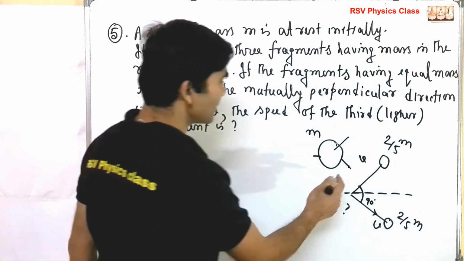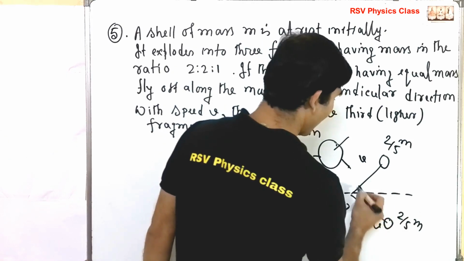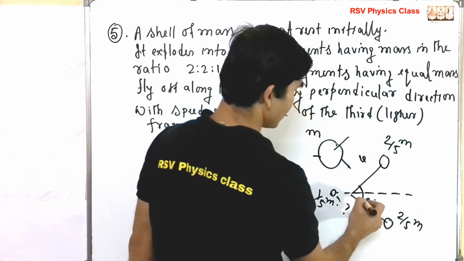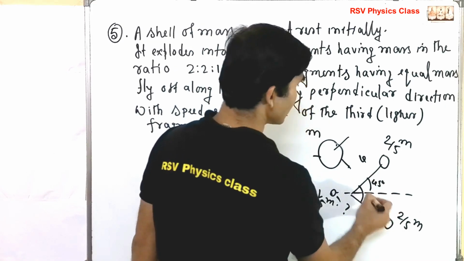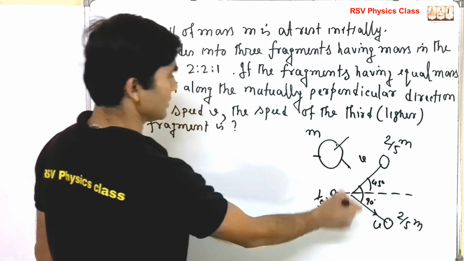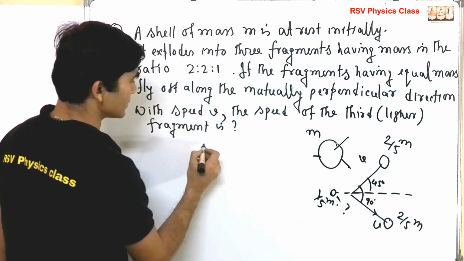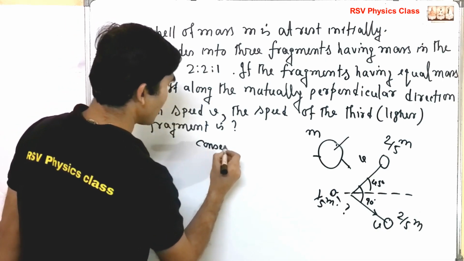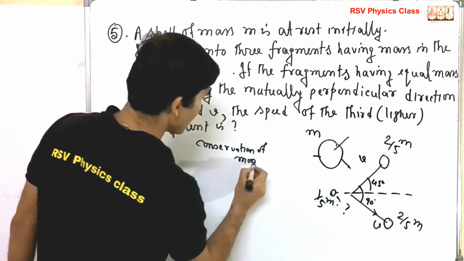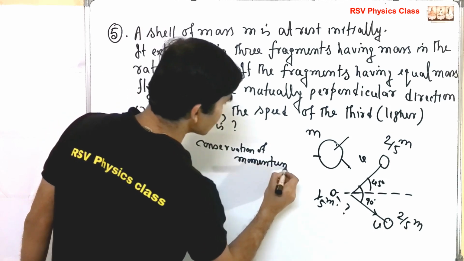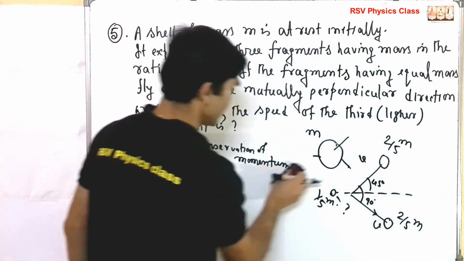See, so you just apply the conservation of momentum. So along the y-axis the momentum will be v sin theta, this will be 45 degree, and they cross. So you apply conservation of momentum. Momentum conservation always holds, in elastic and inelastic everywhere, okay? But energy is not conserved in inelastic.